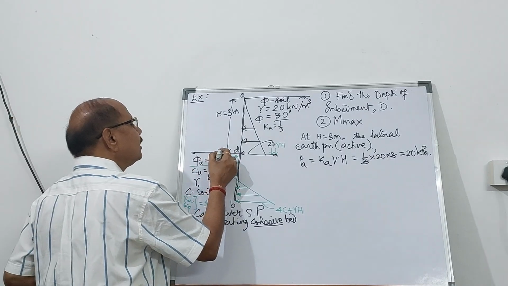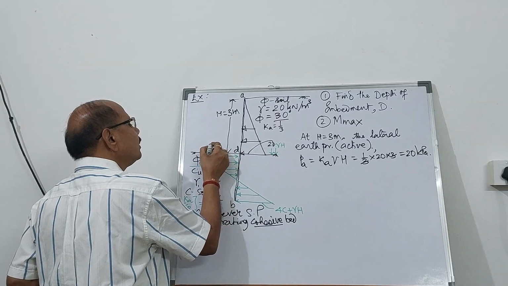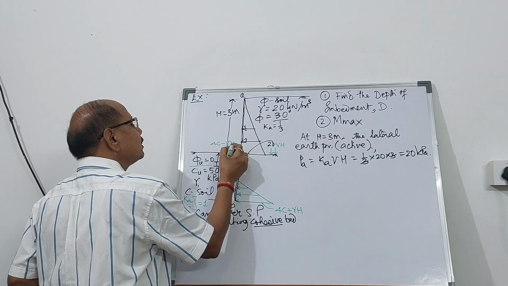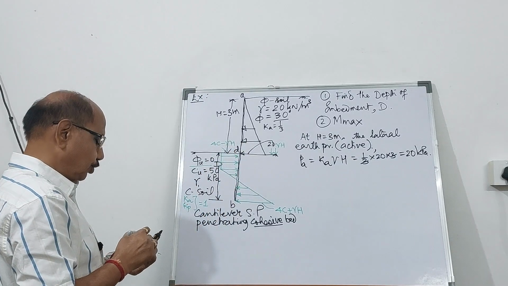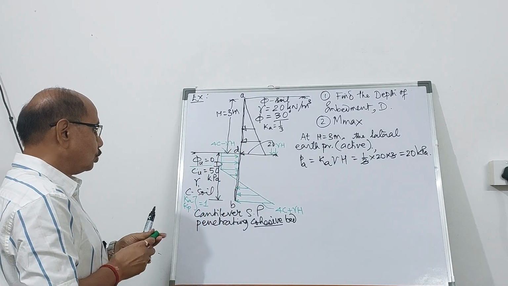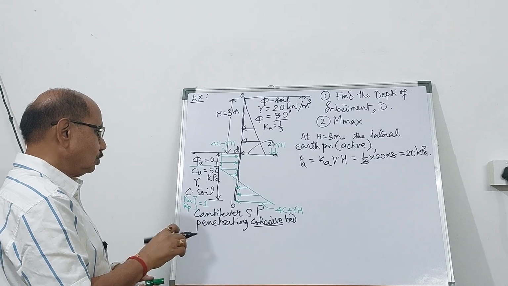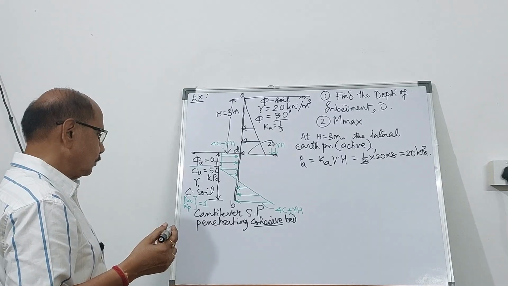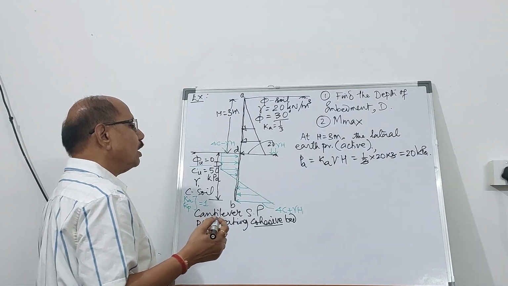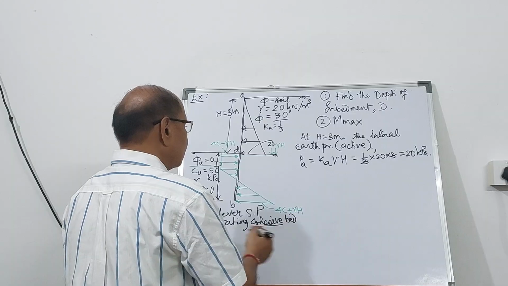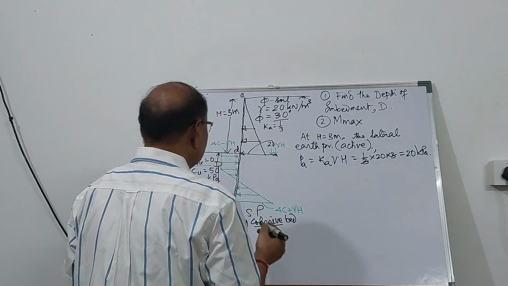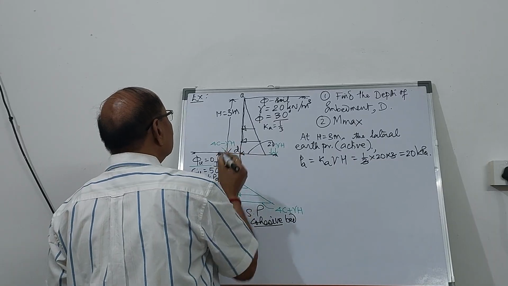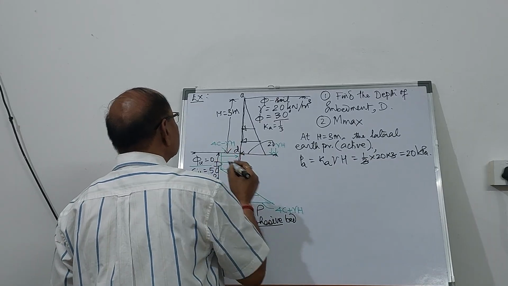And the value here will be 4C minus gamma H. So you know the pressure distribution diagram, and therefore from the pressure distribution diagram you can find out the magnitude of this one here.